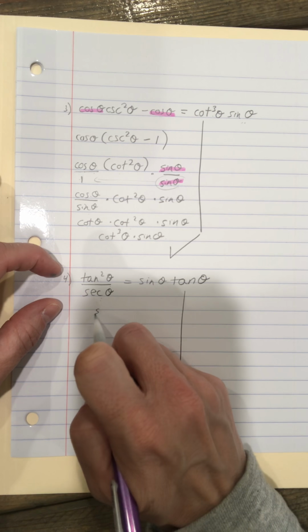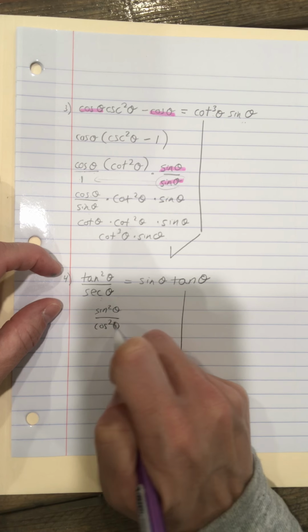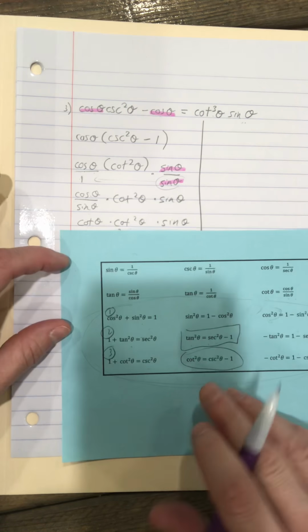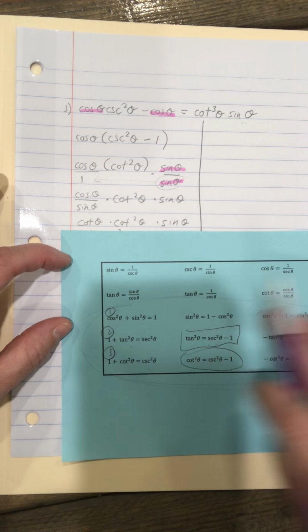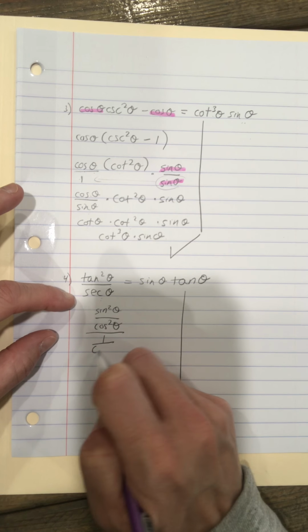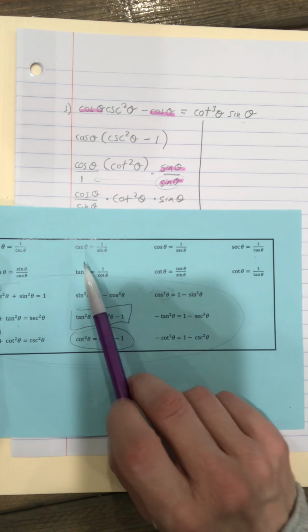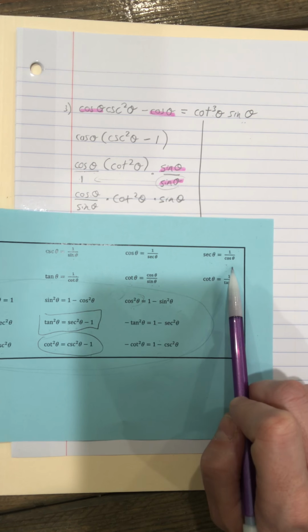Tangent squared theta is the same as sine squared theta over cosine squared theta because tangent is equivalent to sine over cosine. Secant is the same as 1 over cosine theta.